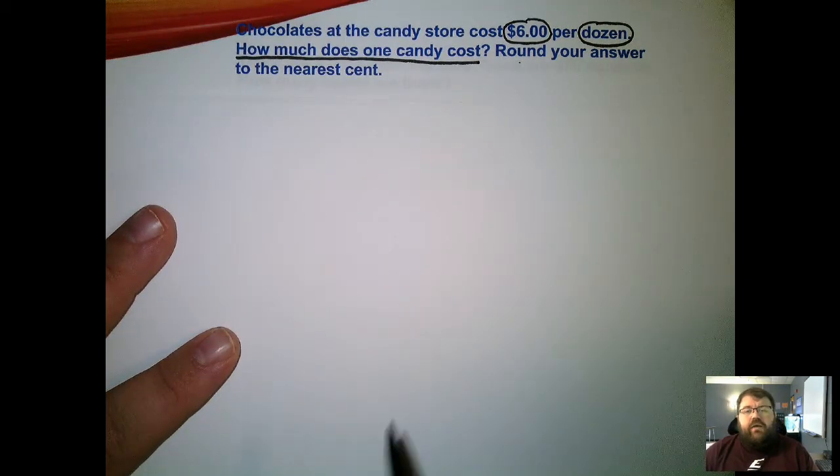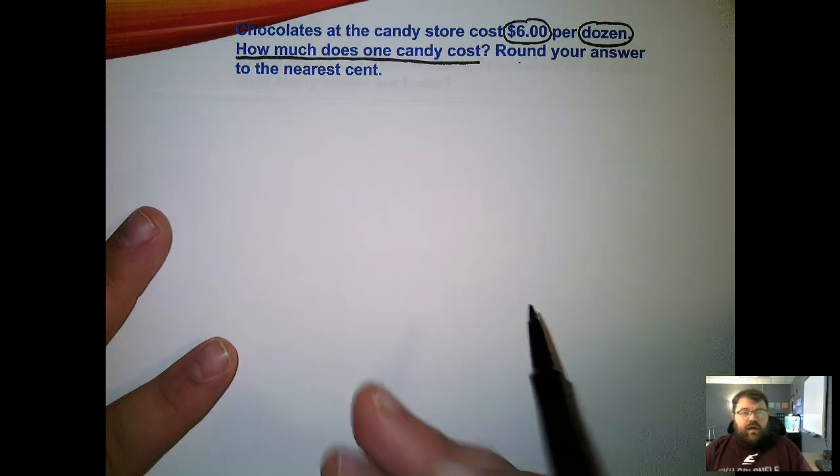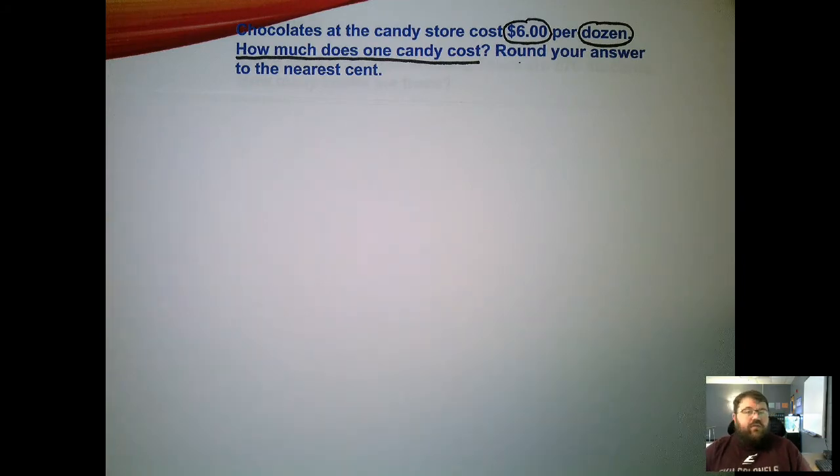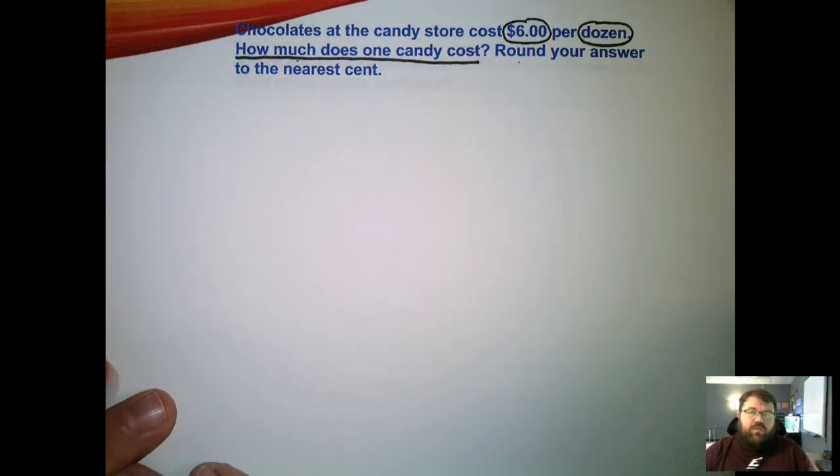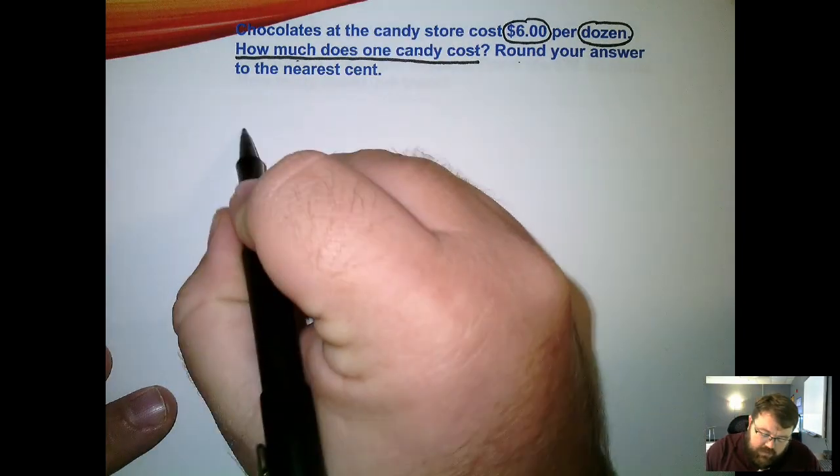After we've done those two things, we need to identify what it is we're talking about. What is it wanting in our question? How much does one candy cost? So we're talking about candy and we're talking about cost. So I'm going to write my two units here.